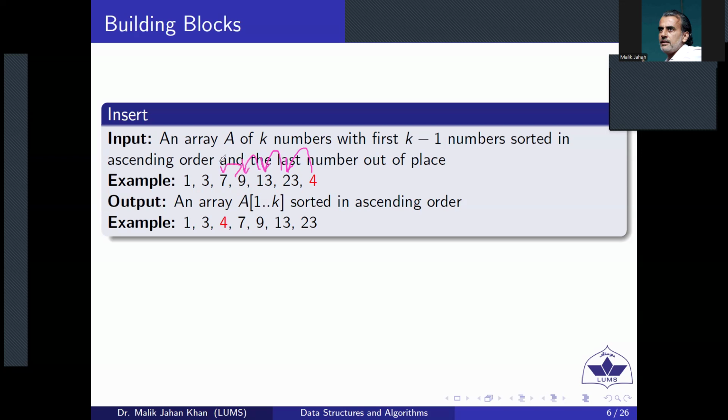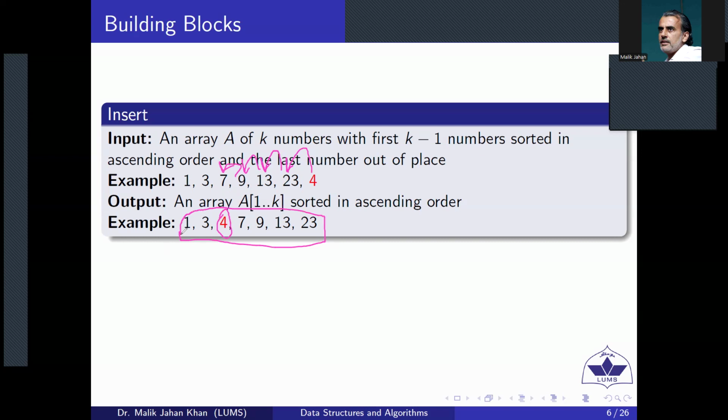It will get compared with 7, and then when we compare it with 3, that will be the place where we decide that nothing is required. We have shifted every element one step towards the right, this space will be given to 4, and 4 will get inserted over here, and as a result, this whole thing will give us the sorted output.